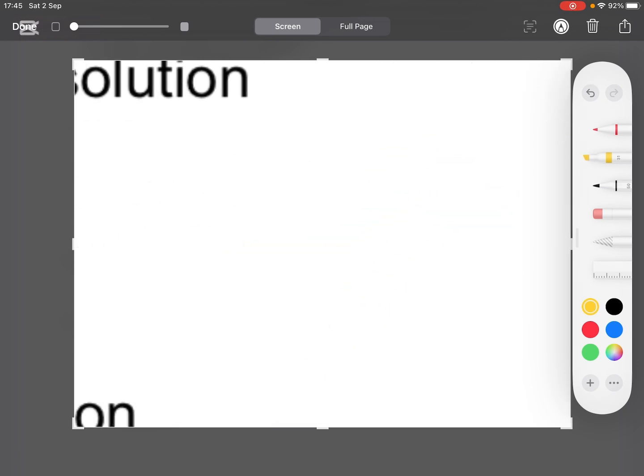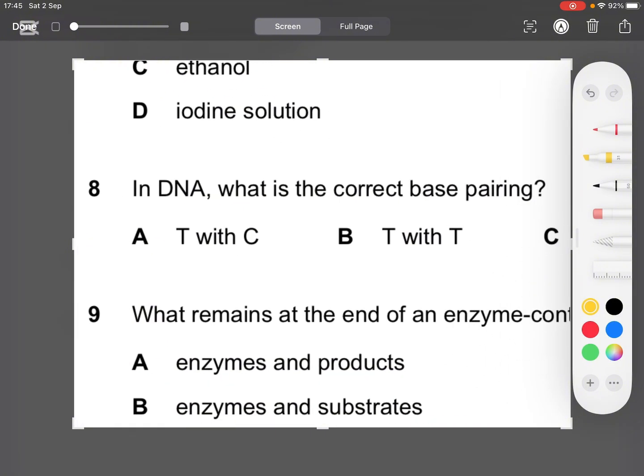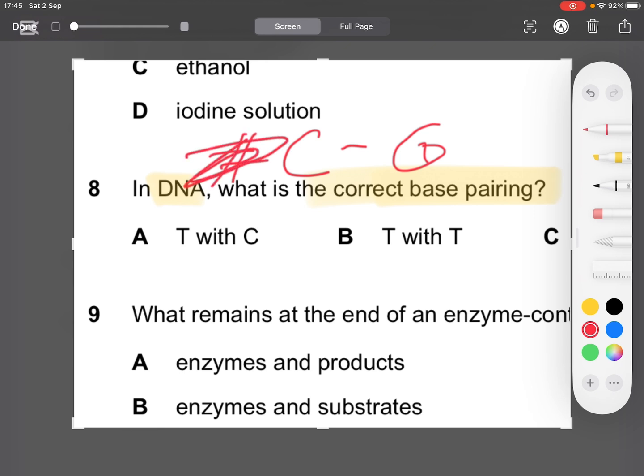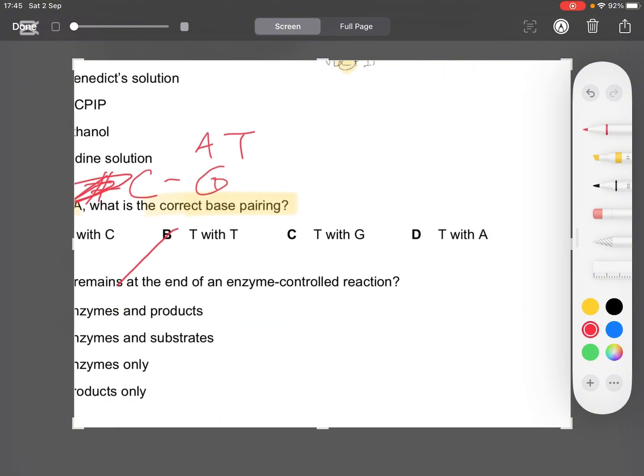In DNA, what is the pairing? Again, C and G go together, and A and T form the word AT. Correct.